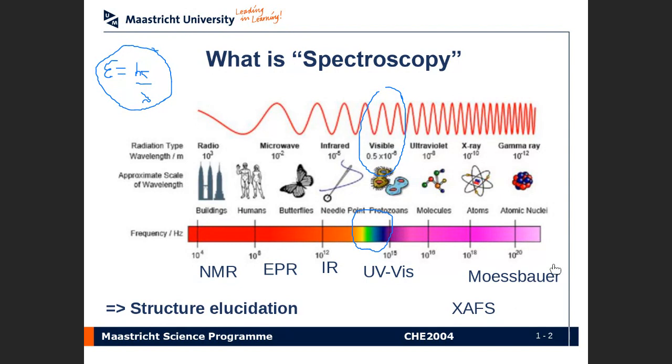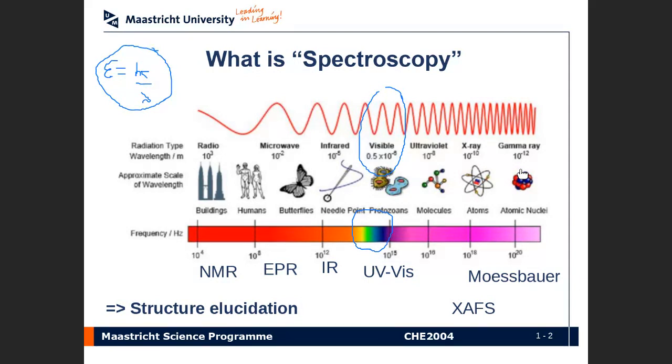Mössbauer spectroscopy is something you can use to determine the structure of molecules that contain iron or tin and some other elements. It's not something we're going to discuss in this course, but just by way of introduction, it relies on nuclear excitations driven by absorption of gamma radiation, and that gives us information which we can use to do structure determination.